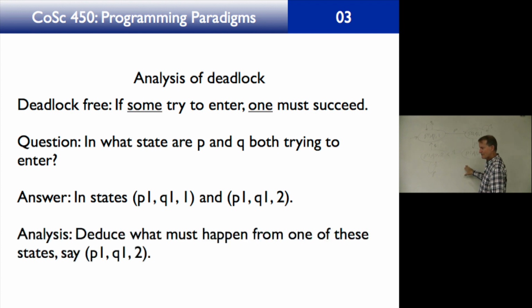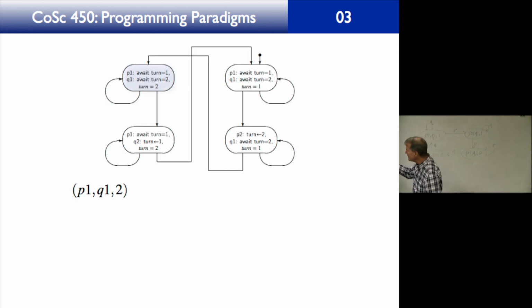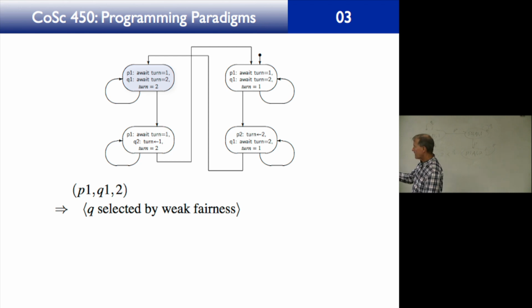If you want to do it in infinite detail, I used his figure here and shaded in the start state. If we're in state P1, Q1, 2, they're both trying to enter, and what are the transitions here? Q is selected by weak fairness because Q1 is awaiting.